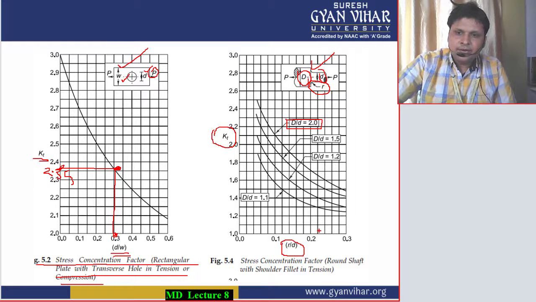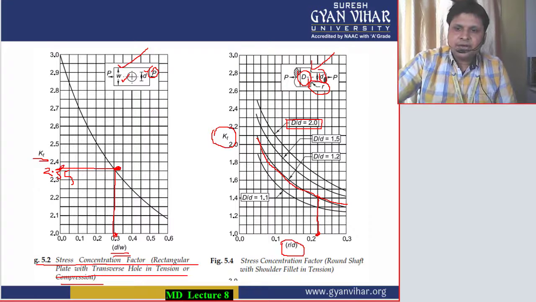If for example the value of the r by d ratio is 0.2, then just drag towards the vertical line from this 0.2, and if the capital D by small d ratio is equal to 1.2, then this is the curve for capital D by small d equal to 1.2.